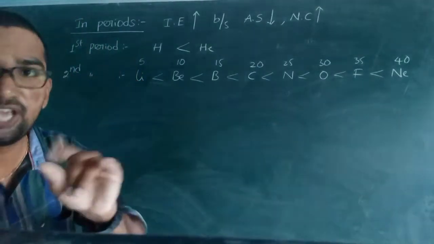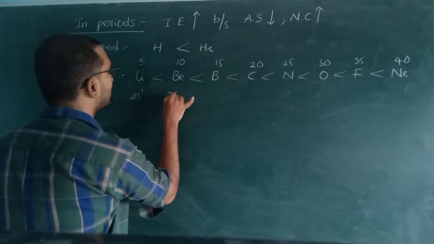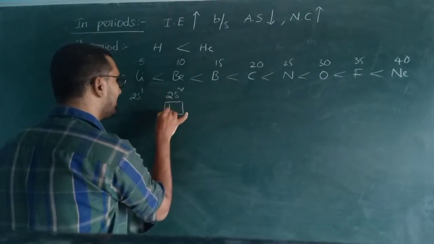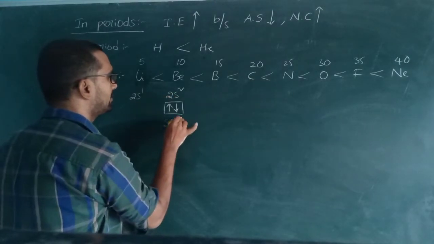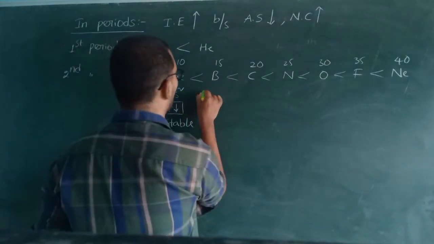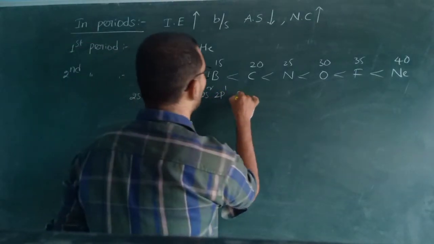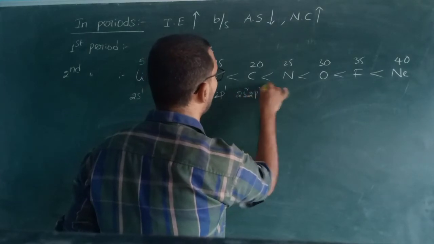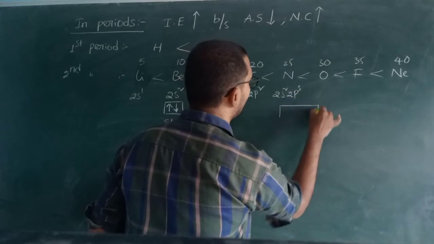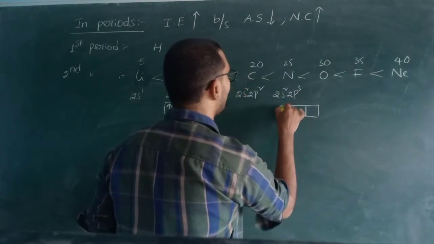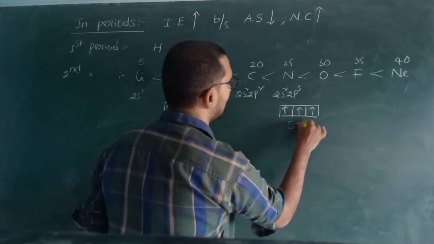But a few elements are stable here. Beryllium's outermost configuration is 2s2, meaning one box is completely paired, so it is stable. Boron 2s2 2p1 and carbon 2s2 2p2 have no half filling or full filling. But nitrogen 2s2 2p3 means p has 3 boxes, each filled with one electron, so this is half filling and also stable.